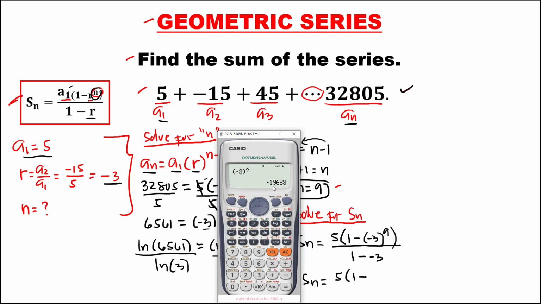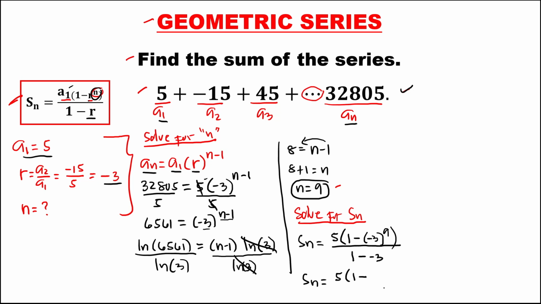So that's negative 19,683, then over. So for this double negative, this becomes positive. So 1 plus 3, this one is 4.